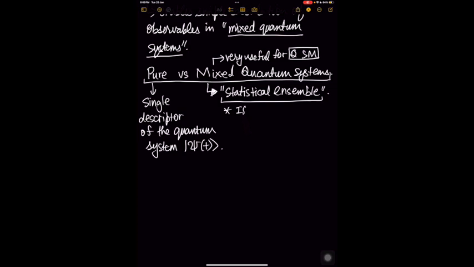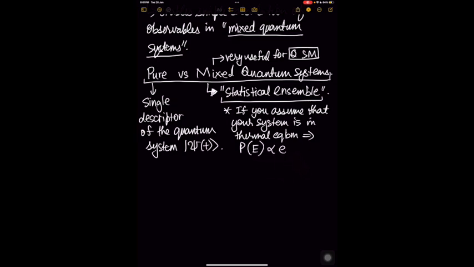So if you assume that your system is in thermal equilibrium, the probability of being found in a pure quantum system with energy, let's say E, would scale as a factor of exponential minus E over kBT, where kB is the Boltzmann constant and T is the temperature.